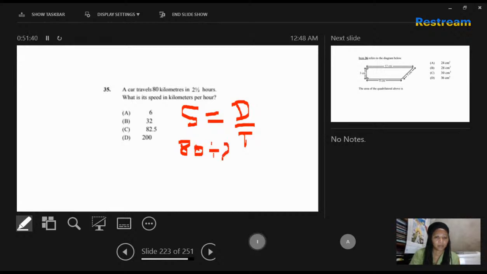So that would be 80 times 2 over 5. 5 into 80 would be 16, and 16 times 2 is 32. Which is B.